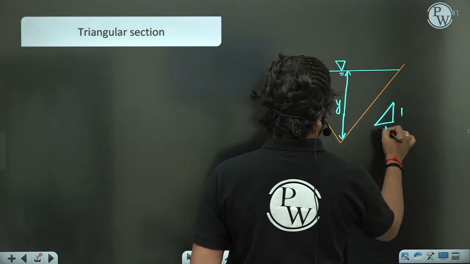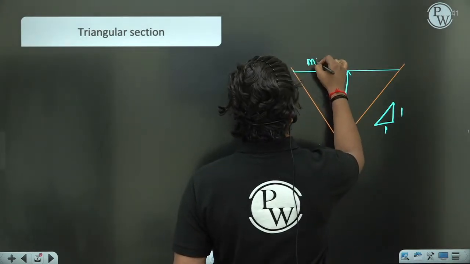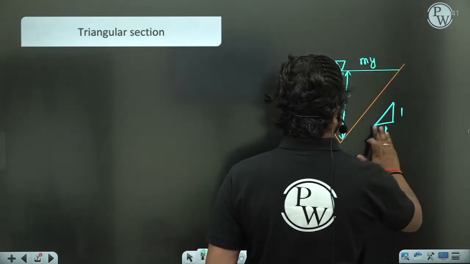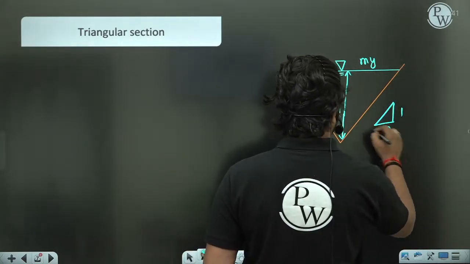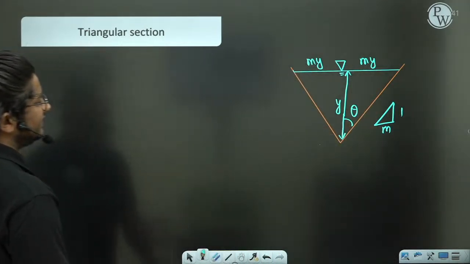We have the slope given as 1 is to m. This angle is theta that we are taking.